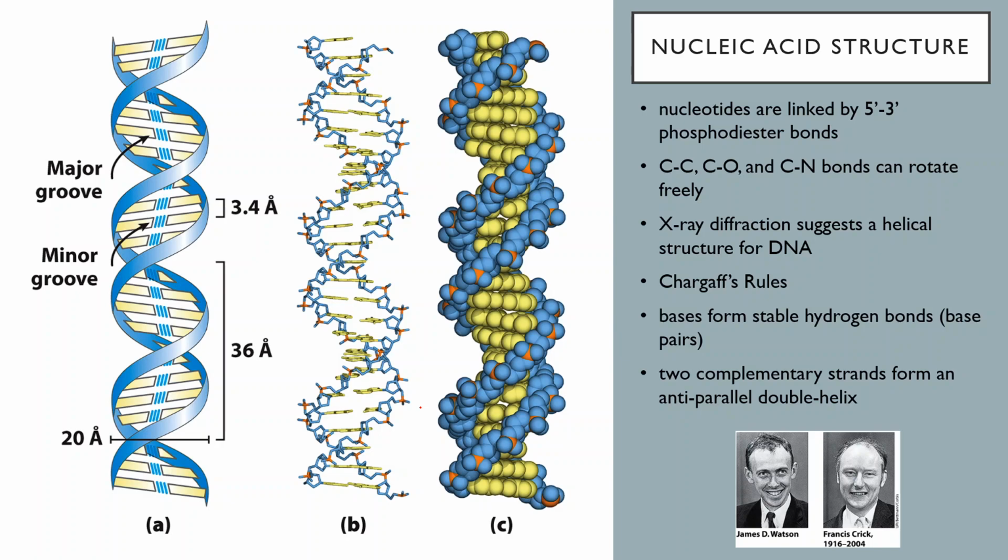Now, there's some debate about whether Rosalind Franklin gave them her data so that they could come up with this structure, or whether they kind of stole it. History's, or the jury's, kind of still out on that, but in any case, they were the ones that came up with the now famous double helix structure of DNA.